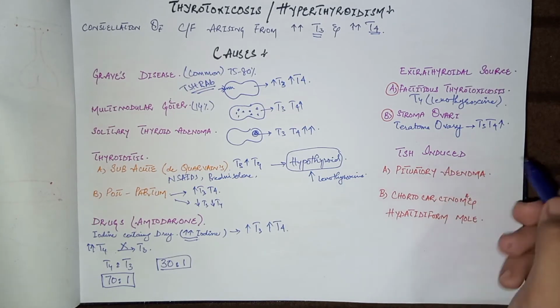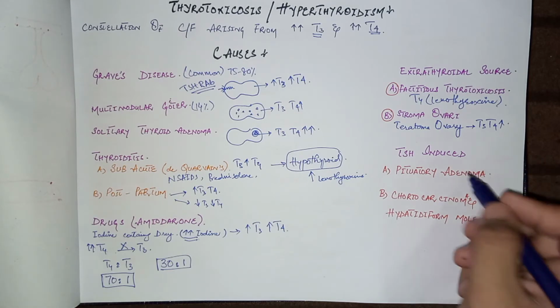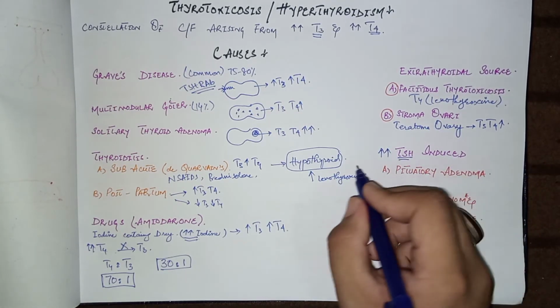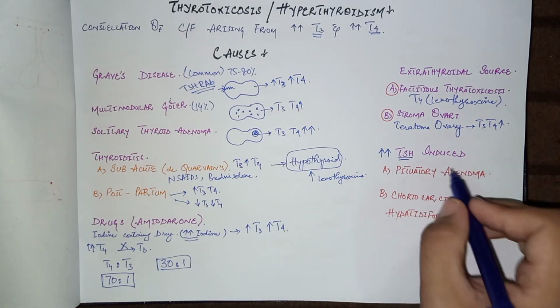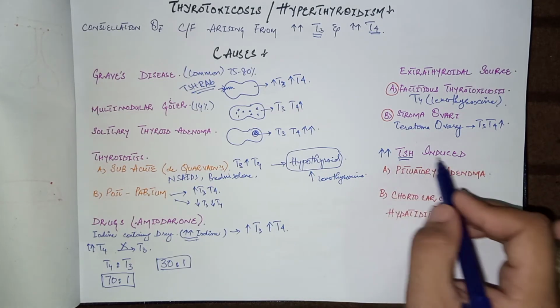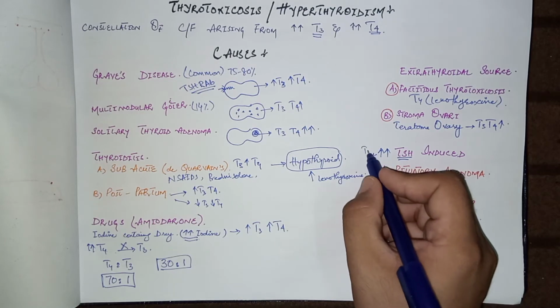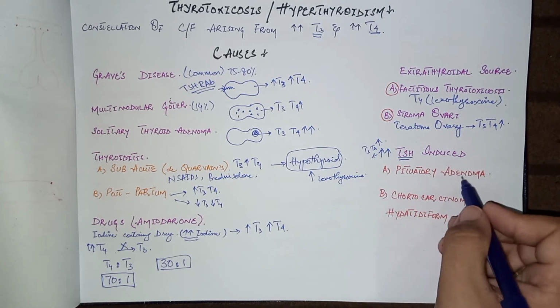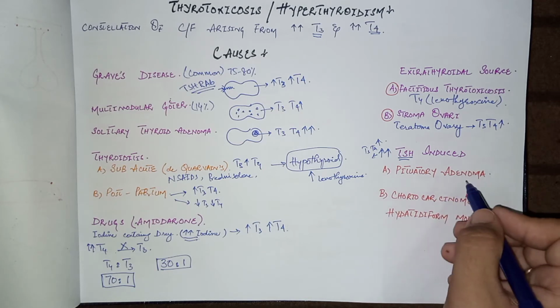TSH induced hyperthyroidism: here the TSH levels are actually high. This is very rare, not common. Increased TSH causes increased production of T3 and T4 in the blood. In a pituitary adenoma, the adenoma may be secreting excessive TSH.